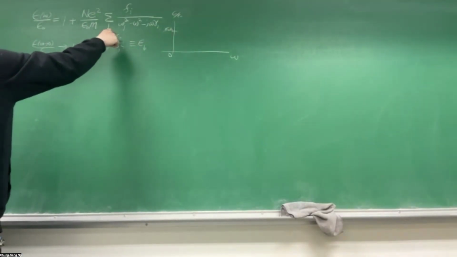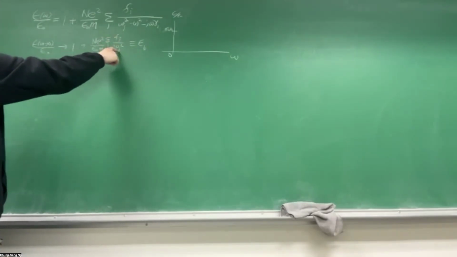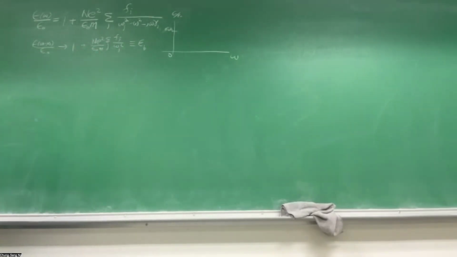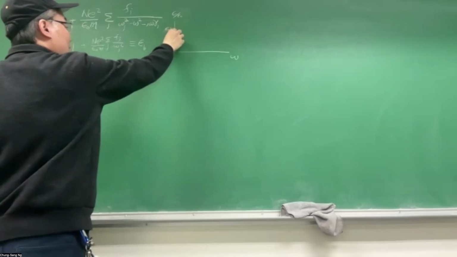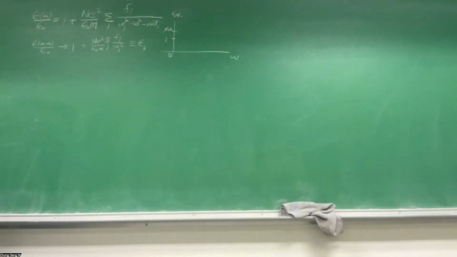And all these are positive constants, f_j is constant and positive, this is a square, everything is constant. So this ratio will be greater than 1. That's the general property. Okay, so that's one limit.